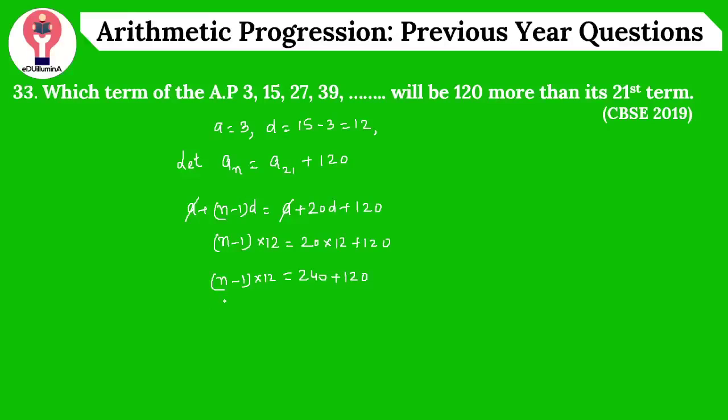So therefore (n minus 1) into 12 is equal to 240 plus 120 is 360. So n minus 1 is equal to 360 upon 12. So 12 times 3 is 36, so 12 times 30 is 360. So n minus 1 is equal to 30. So n is equal to 30 plus 1, 31. Okay.